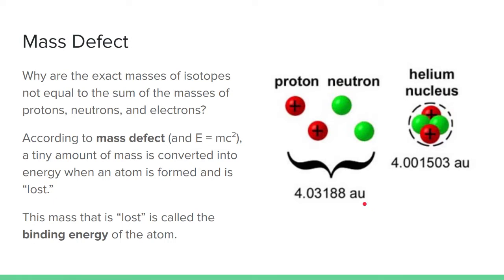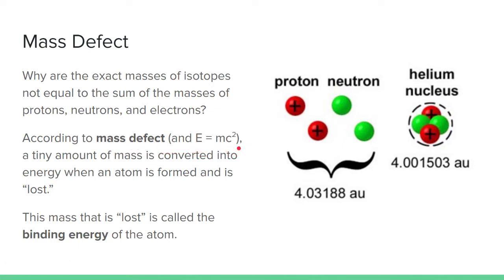The reason why the exact masses of isotopes does not equal the sum of the masses of protons and neutrons and electrons in atomic mass units, right? So we have 2 protons and 2 neutrons, which should have a combined mass circled here. But inside of a helium nucleus, that mass is actually a little bit less than what we would expect. This is caused by something called mass defect.